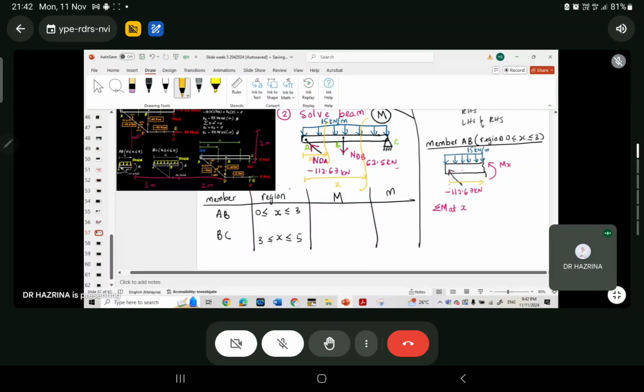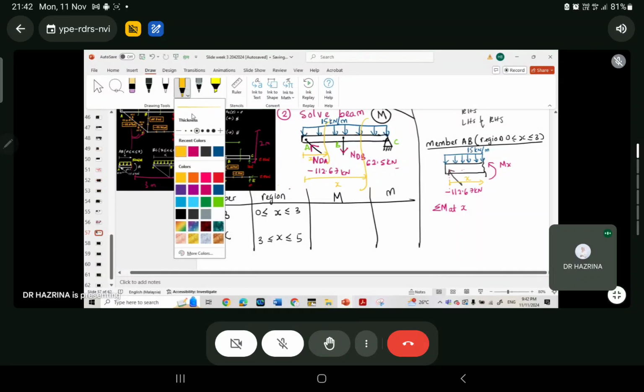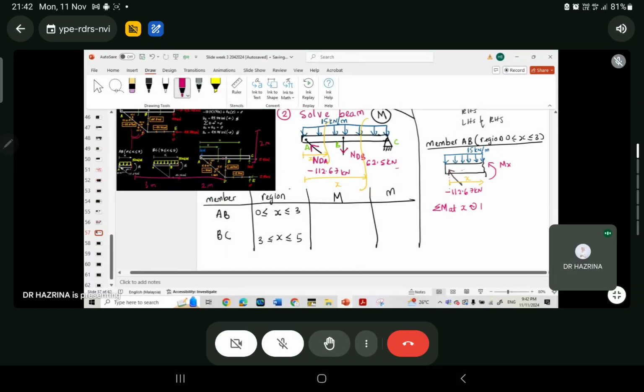This is your x. Okay. So summation moment at x clockwise positive equals to 0. So negative 112.67. Okay. So depends angle mana you nak kira. You nak ambil angle ni ke untuk resolvekan dia. And then multiply with the distance x. So can anyone give it to me the equations?